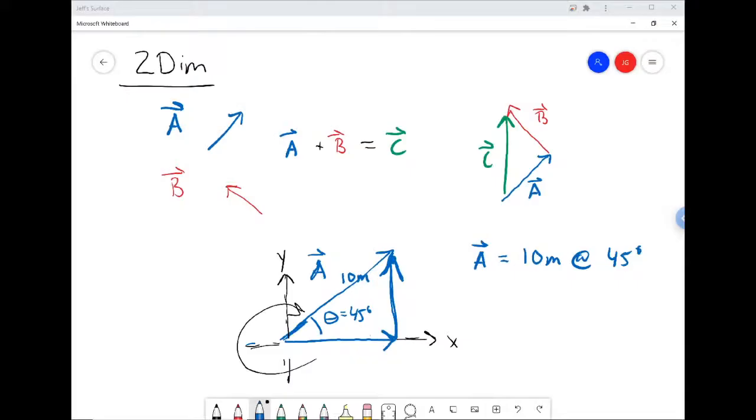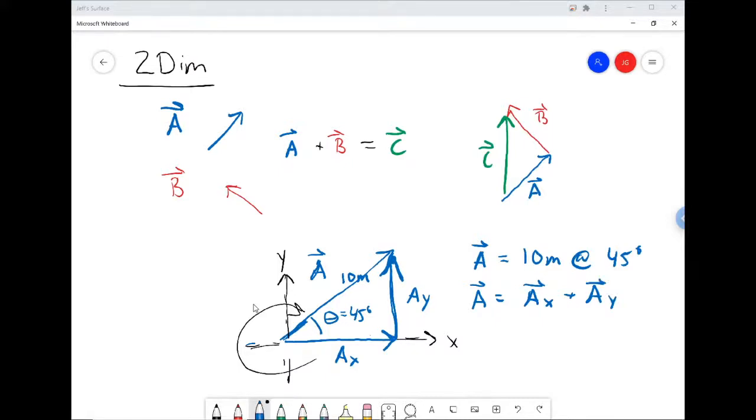So what we've done here is we've decomposed A into an x component, call it A sub x, and a y component, A sub y. All right, so just like before where we said C equals A plus B, here we can say A equals Ax plus Ay.